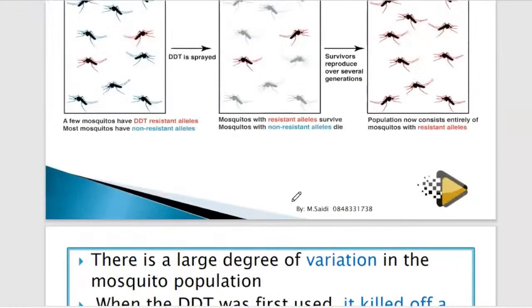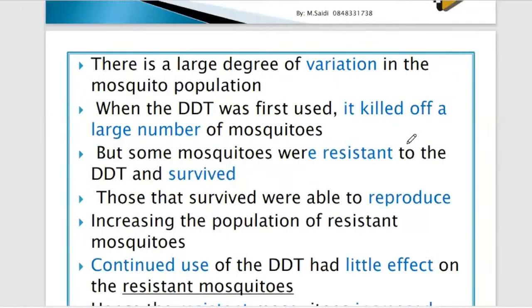How did the mosquitoes become resistant, or any example they have brought? You talk about variation among the mosquitoes, the bacteria, the virus. Some are resistant and some are not resistant. When DDT is applied, those which are not resistant are killed in large numbers, while those which are resistant survive in large numbers.